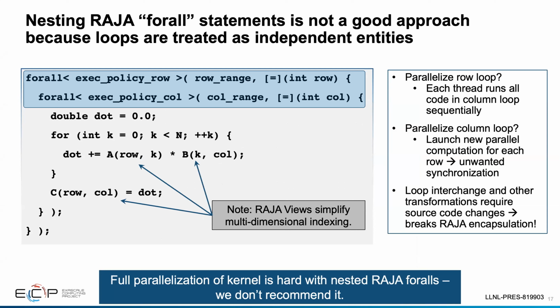However, the issue here is that the forall methods treat each loop level as an independent entity, meaning we can parallelize each level of the loop, but one of the levels would be running sequentially. Additionally, if you want to do loop interchange and other types of code transformations, that would require source code changes, which breaks the RAJA encapsulation model. So for this reason, we don't recommend using RAJA forall methods for nested loops.